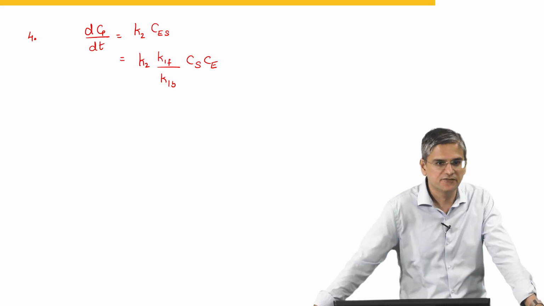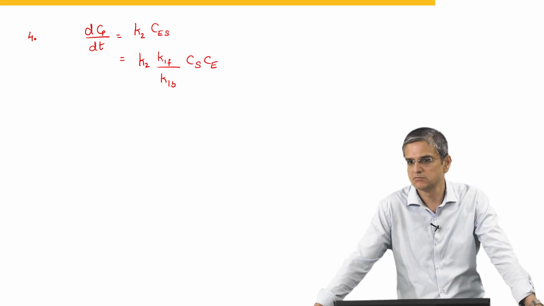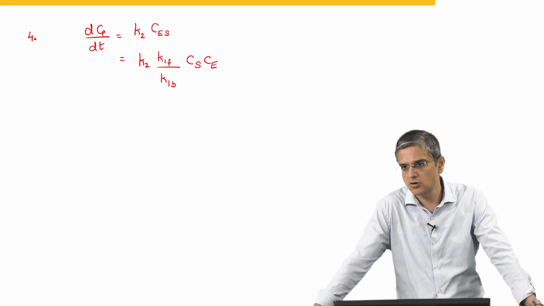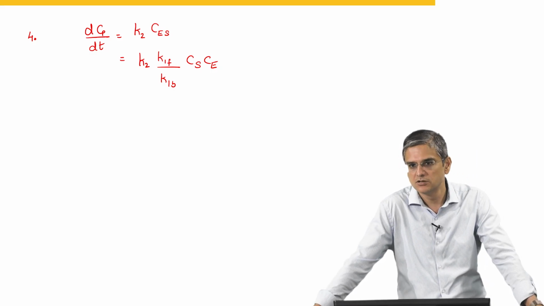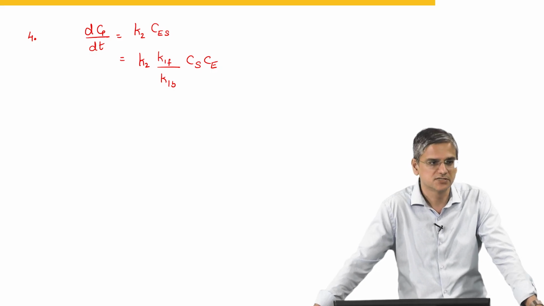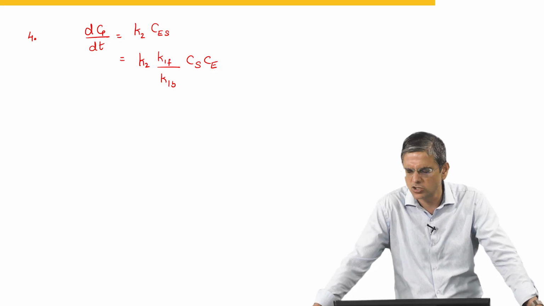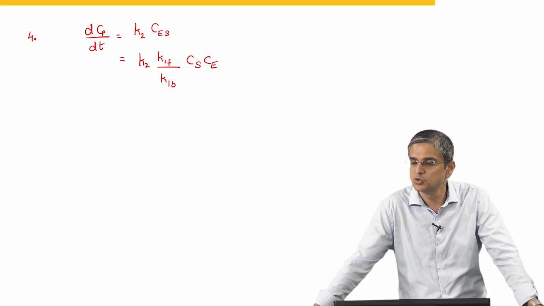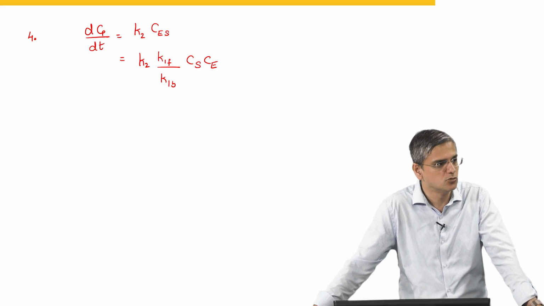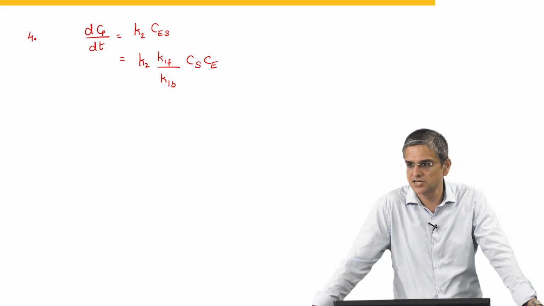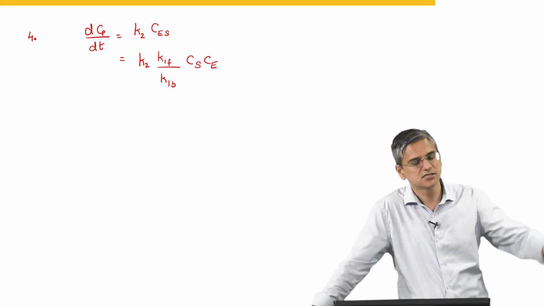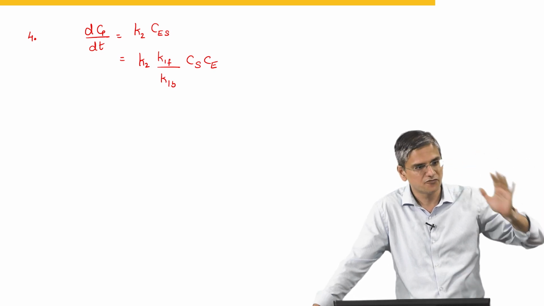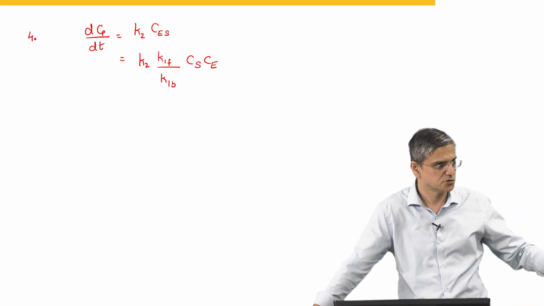When it comes to gas or liquid phase non-catalytic reactions, you will have to find one more step in order to find out what happens. When it comes to catalytic reactions, you have one more idea in your arsenal, and that is that the total amount of enzyme or catalyst will not change.